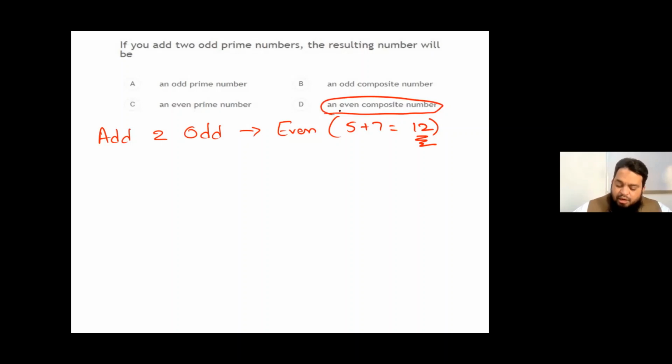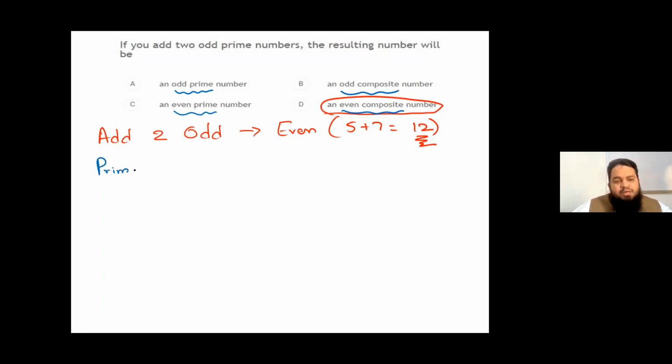Okay. So now let us discuss the other terminologies which he has used. See, he has used odd prime, even prime, odd composite, and even composite. Let me explain what odd, prime, and composite are. So we know the difference between prime and composite. See, what is a prime number?